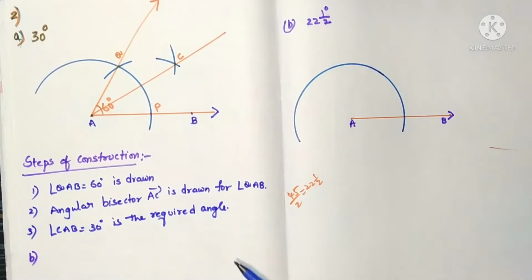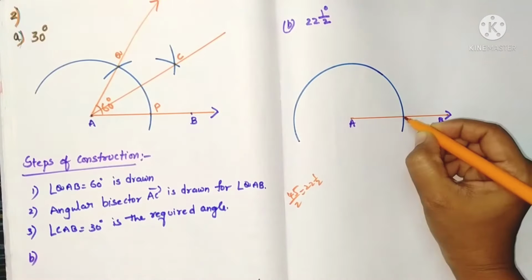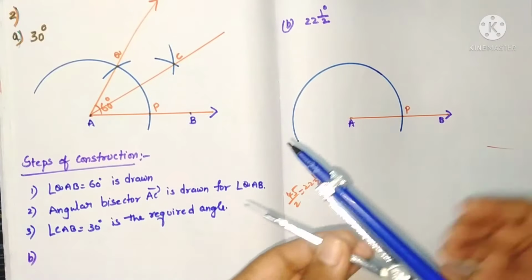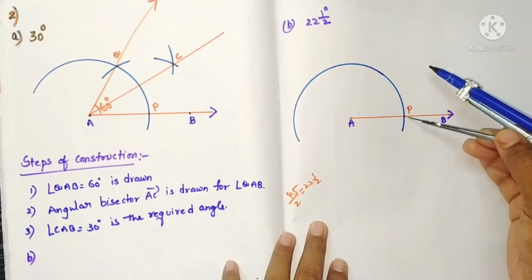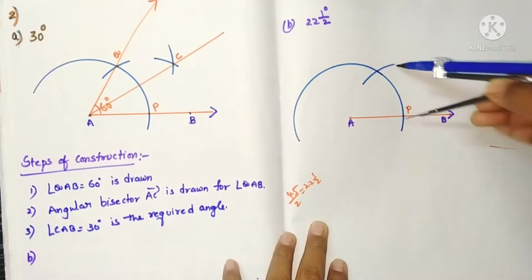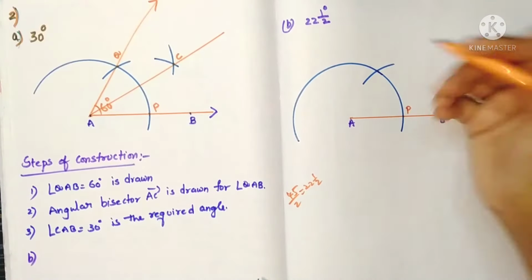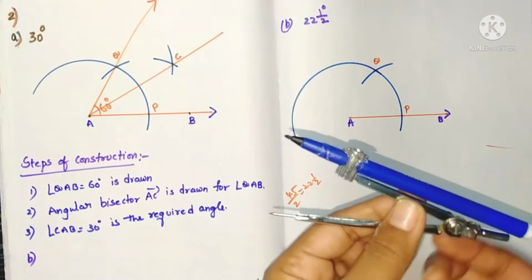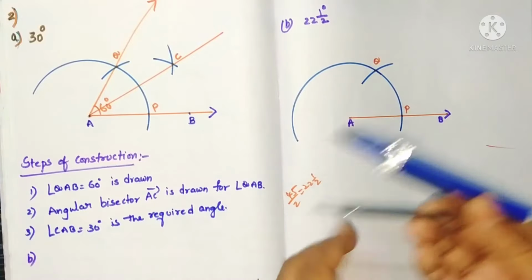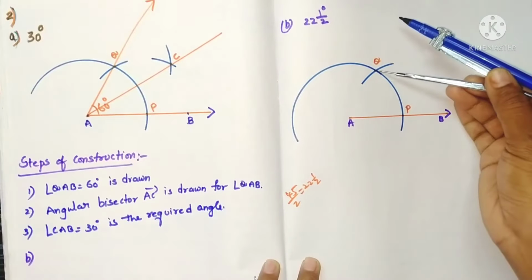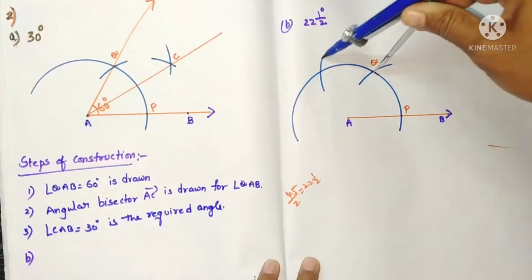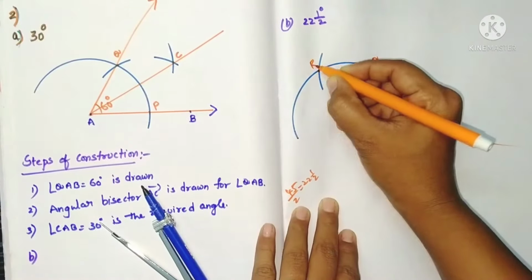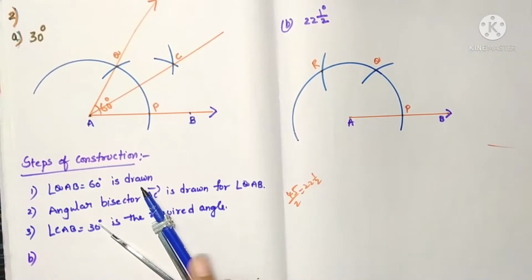Now it intersects AB at a point P. Now again with the same radius, by taking P as center, draw an arc. The intersecting point take as Q. Again with the same radius, this is 60. So again with the same radius, draw another arc. This is 120.